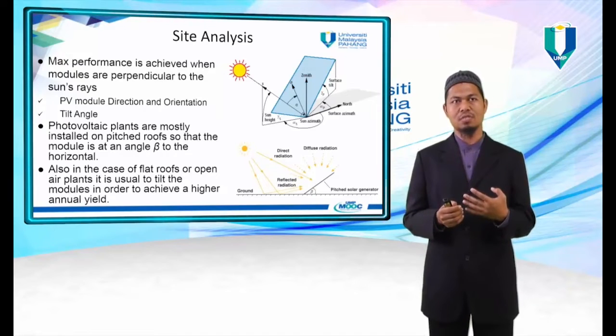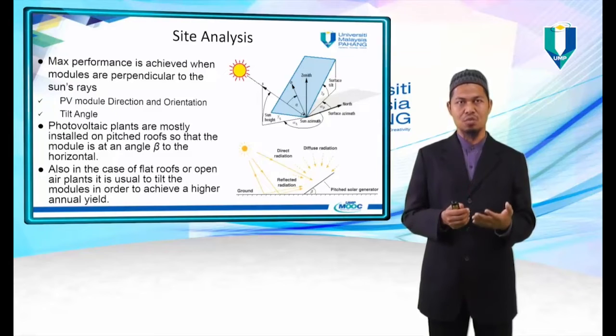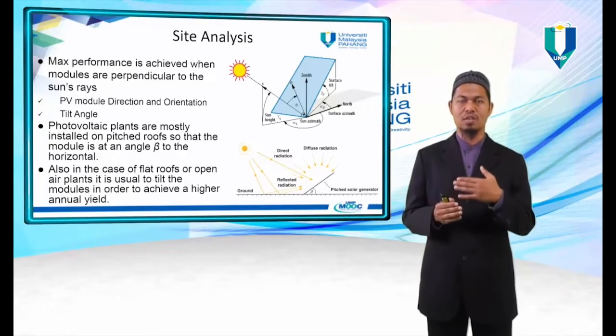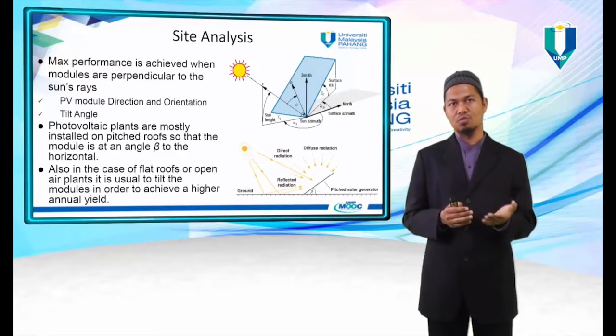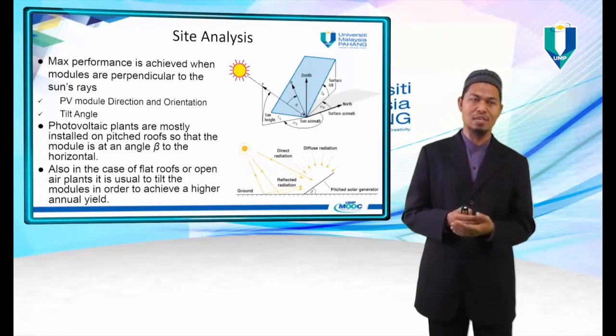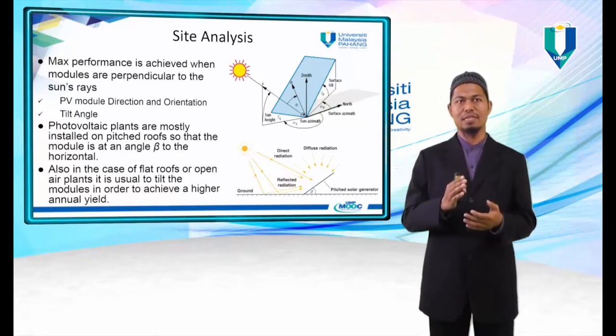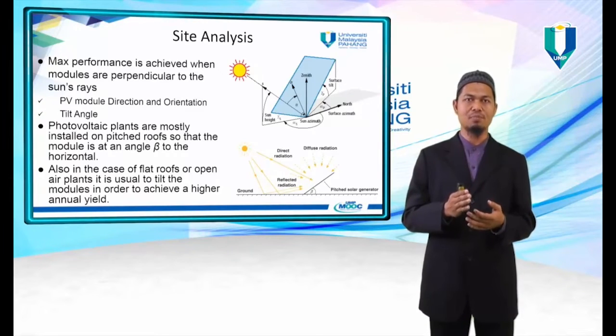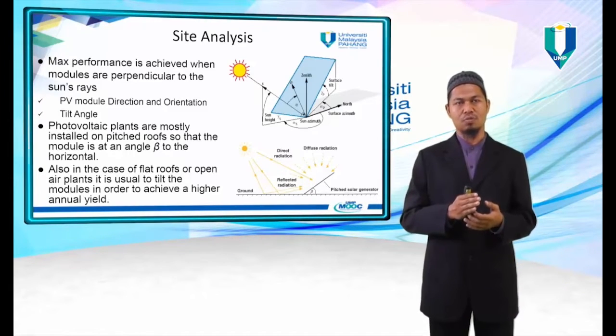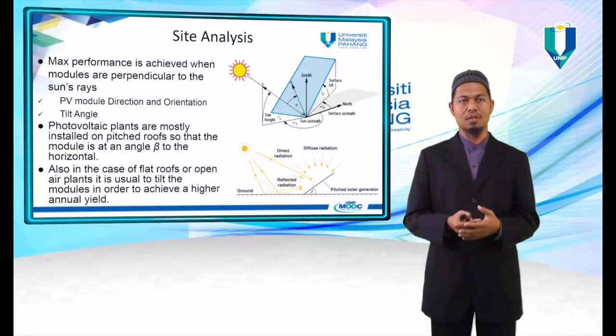The first is PV module direction and orientation, whether to face north or south, or east or west. The next is the tilt angle, how to tilt the PV modules so that we can face directly to the sun.